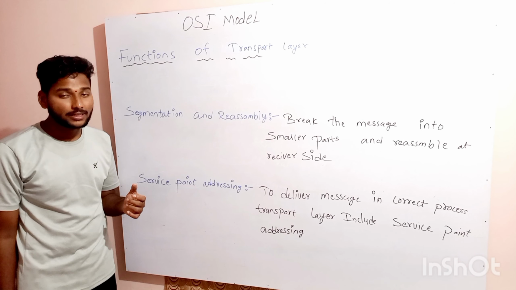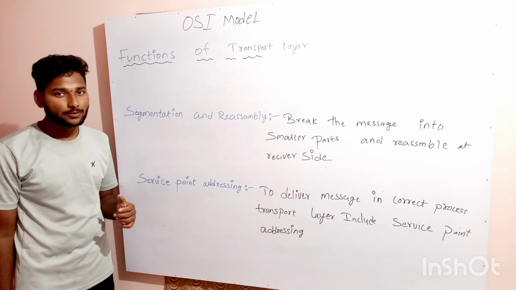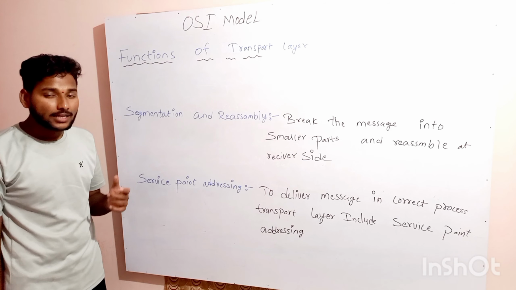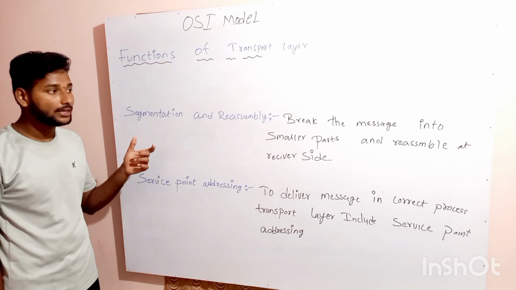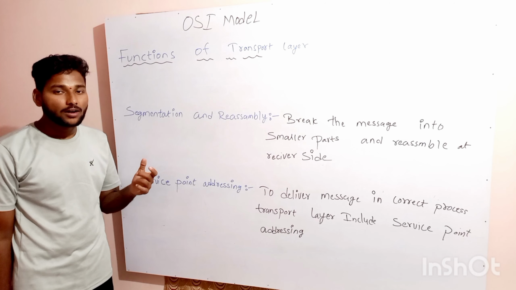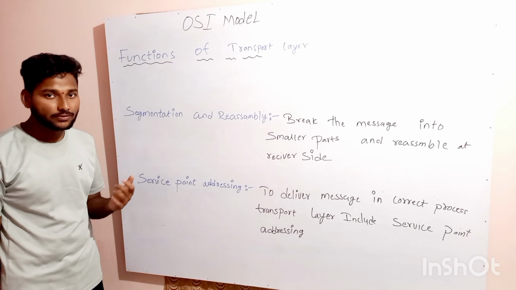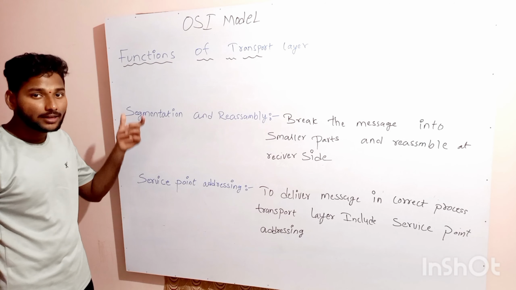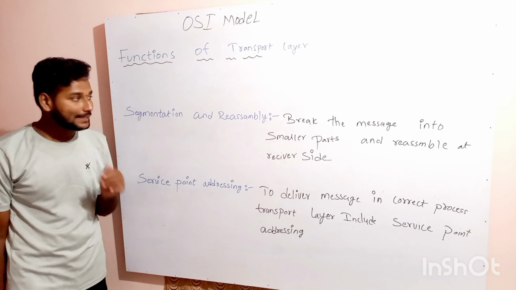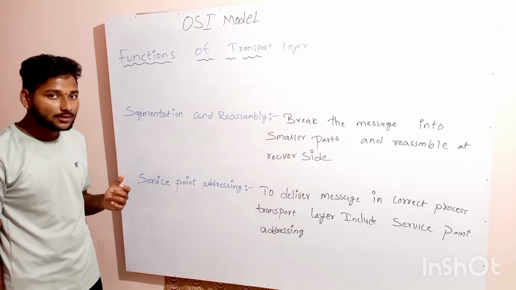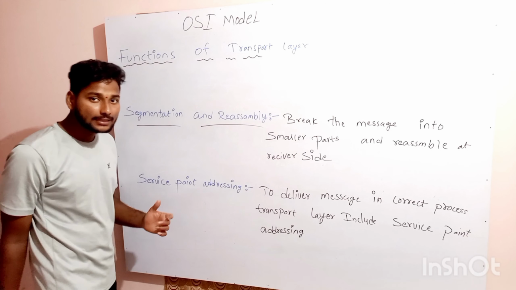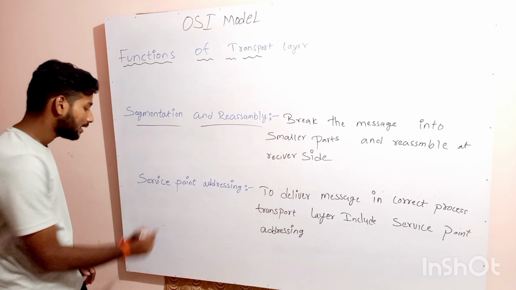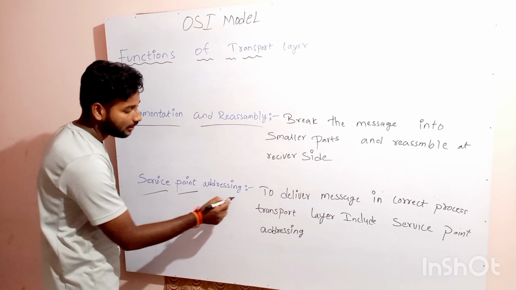Now, what happens in the transport layer? In the transport layer, whether the data or message is sent correctly or not, and whether the acknowledgement is received from the receiver, is all done at the transport layer. The two functionalities of the transport layer are segmentation and reassembling, and service point addressing.